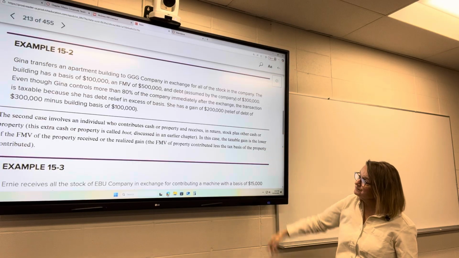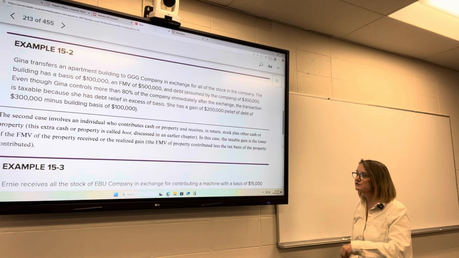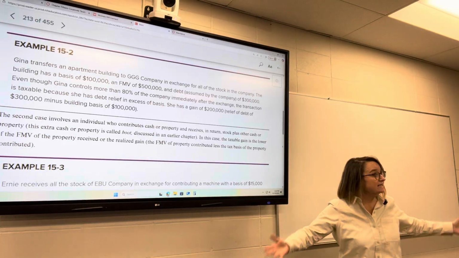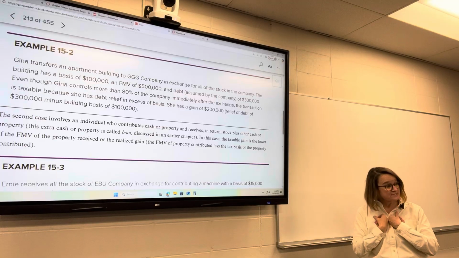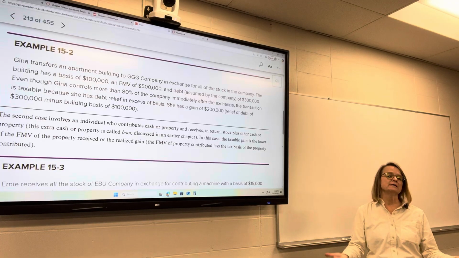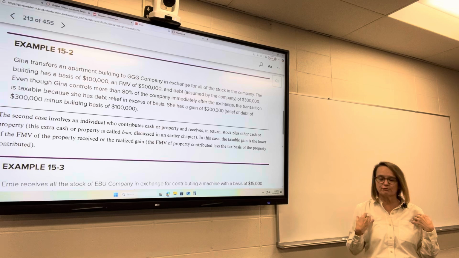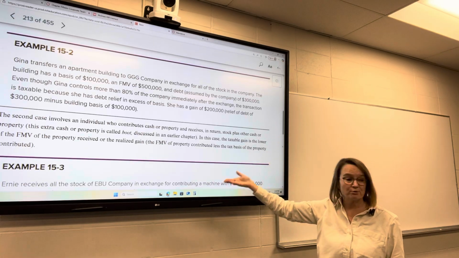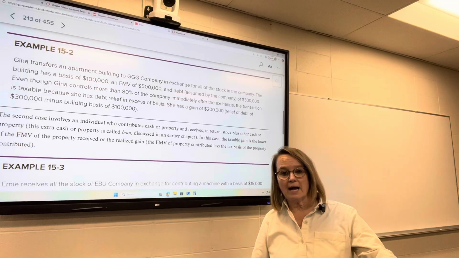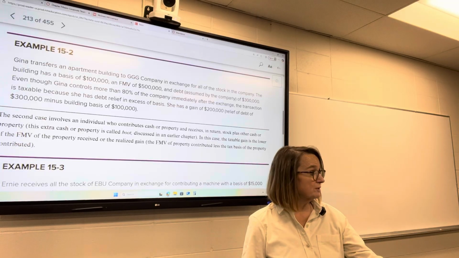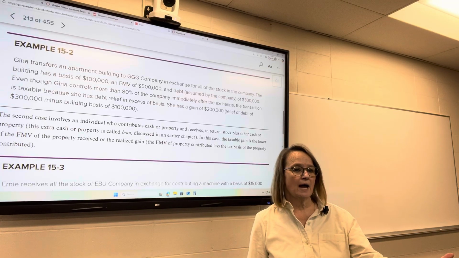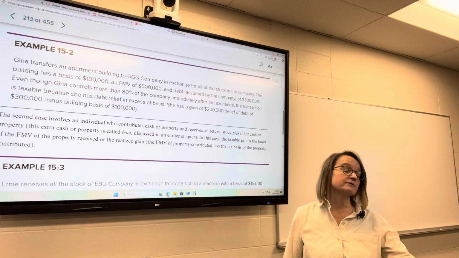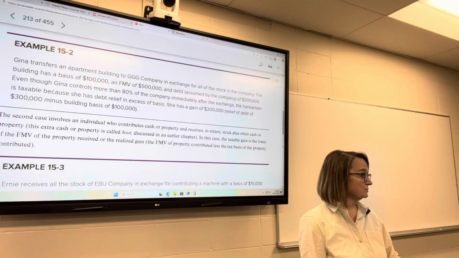The second way is when an individual will contribute cash or other property, and in exchange, in addition to stock, they also get something else back, usually in the form of cash. So you get stock plus cash or other property. So I'm giving a building to the company and I'm getting 1,000 shares of stock, but in addition to the 1,000 shares of stock, they're also paying me $10,000.